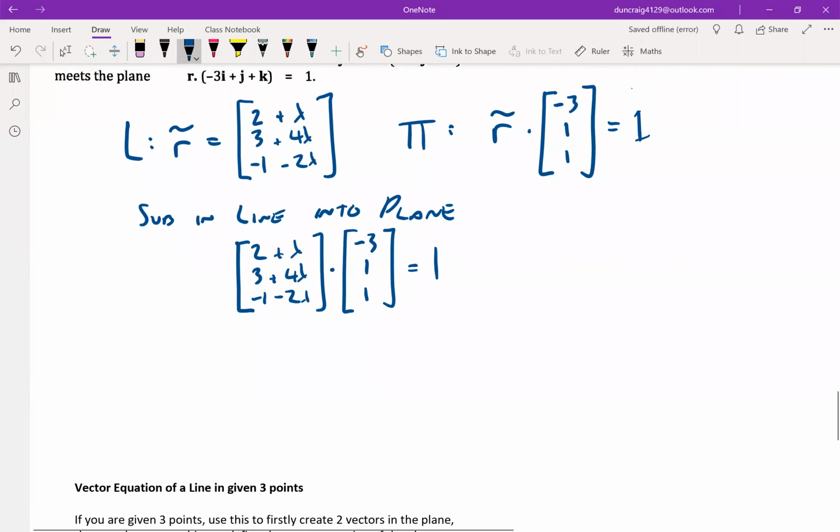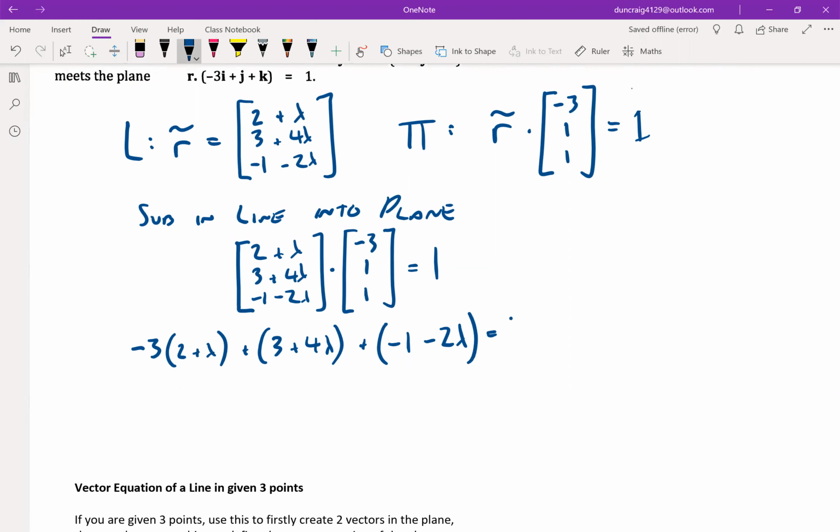So let's do the dot product here. I'm going to have minus 3 times (2 plus lambda), plus (3 plus 4 lambda), plus (negative 1 take 2 lambda) is equal to 1.